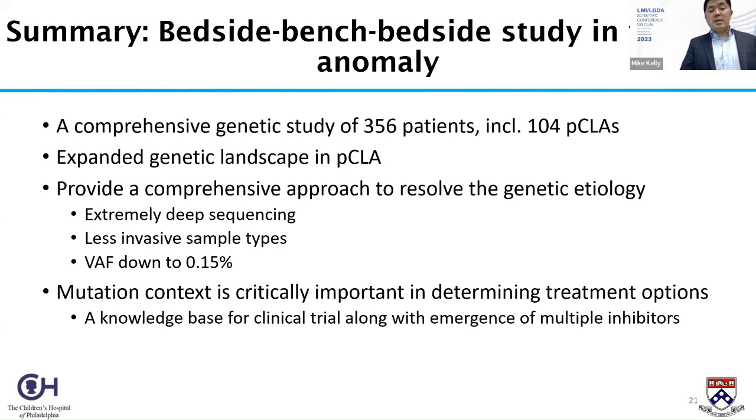We expand the genetic landscape for primary lymphatic anomaly, and we provide this solution to resolve the genetic etiology by using extremely deep sequencing and the less invasive sampling type, because we can use plasma cell-free DNA, and then we can identify somatic variants with the variant fraction down to 0.1%, and we have put together this knowledge base for future clinical trials along with the emergence of multiple inhibitors in all the pathways.